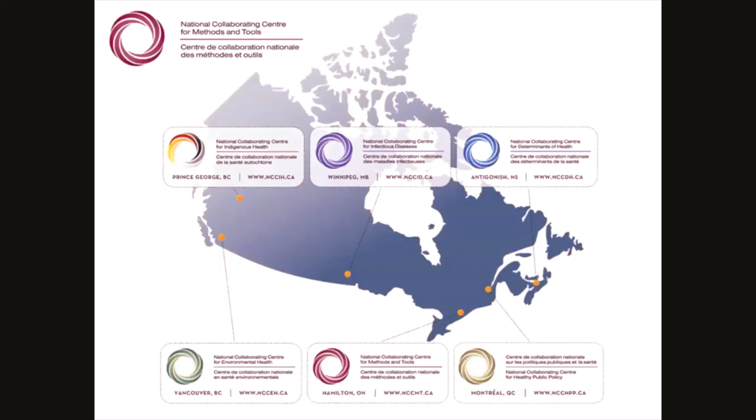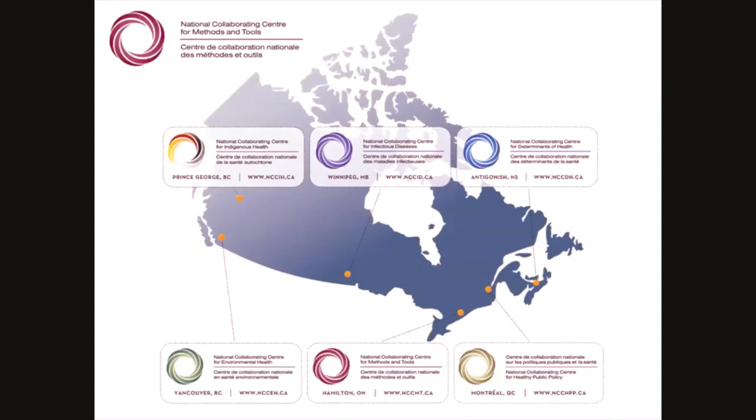So there are 6 collaborating centers across the country, all of which are focused on some aspect of public health. The National Collaborating Center for Indigenous Health is in Prince George. The National Collaborating Center for Environmental Health in Vancouver. The National Collaborating Center for Infectious Diseases in Winnipeg.